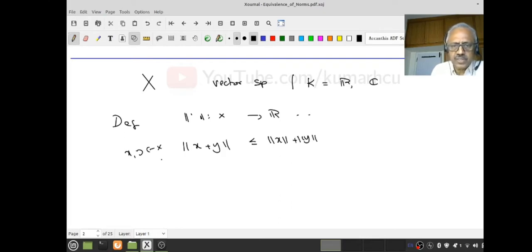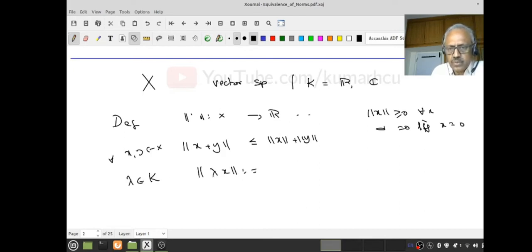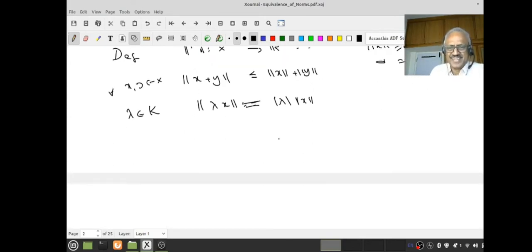This is true for all x and y in X. And of course, as usual, norm of x is greater than or equal to 0 for all x, and equality holds if and only if x is 0. And the third thing is, for any scalar lambda in the field, norm of lambda x will be equal to mod lambda times norm x. I hope I remembered all the properties.